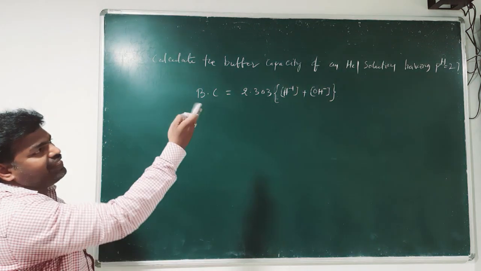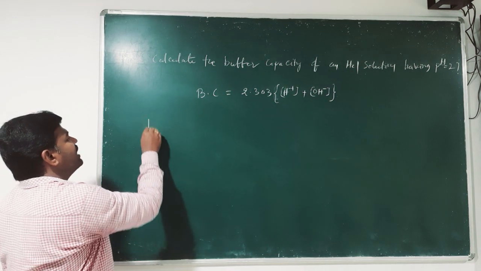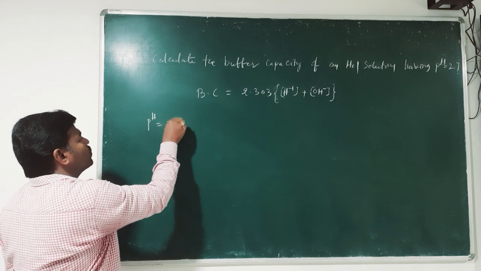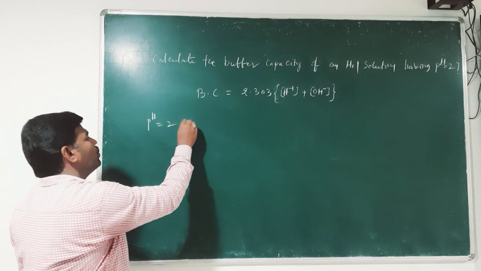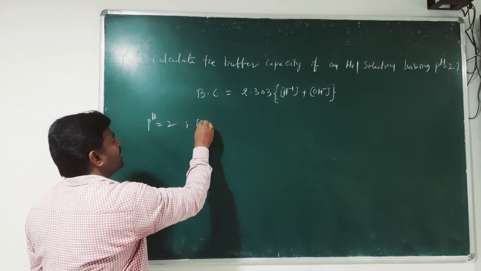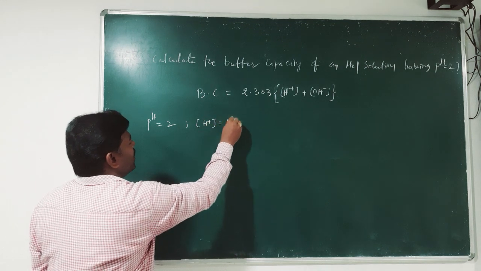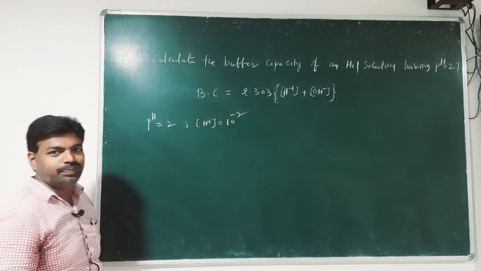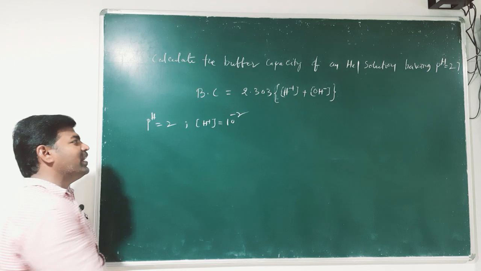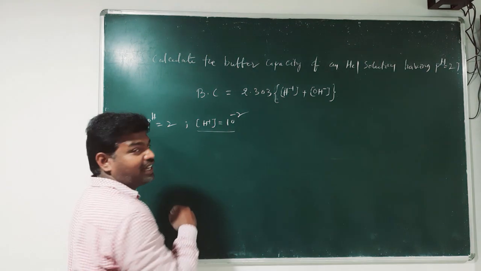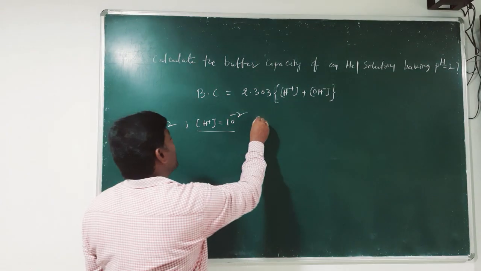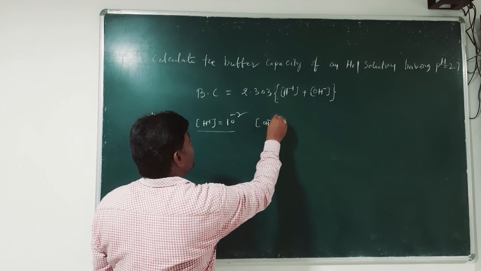They have given that pH is 2. So pH 2 means the concentration of H plus ions is 10 power minus 2. When the concentration of H plus ions is 10 power minus 2, what is the concentration of OH minus ions?